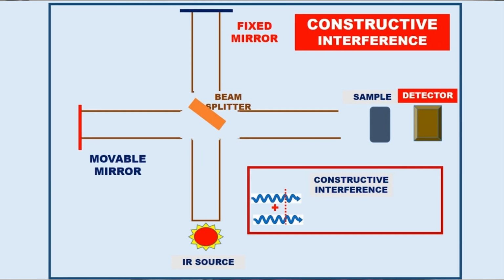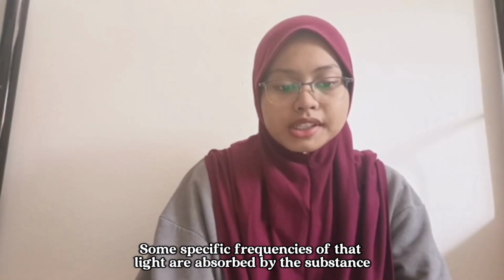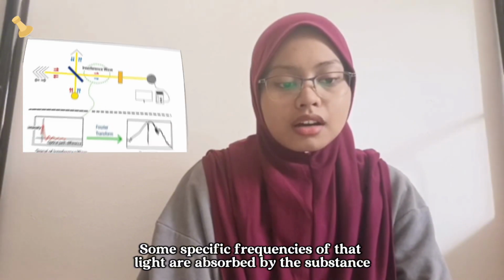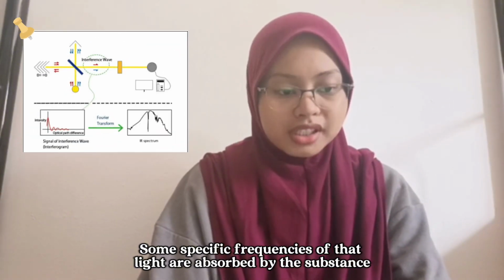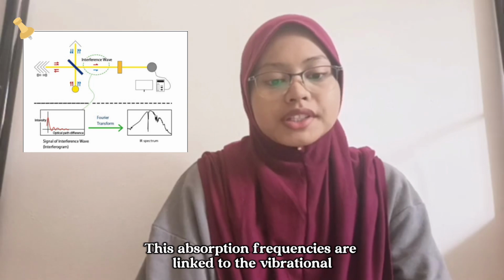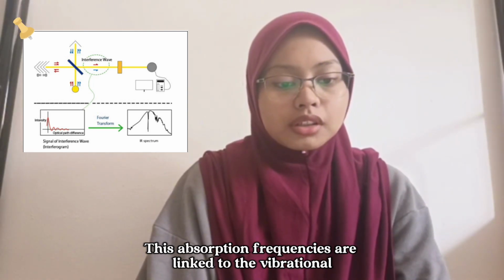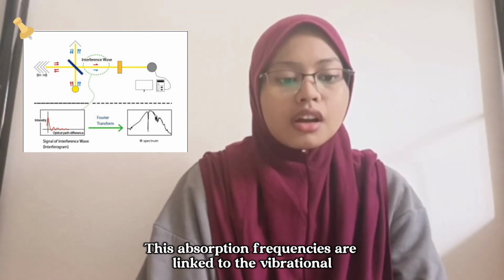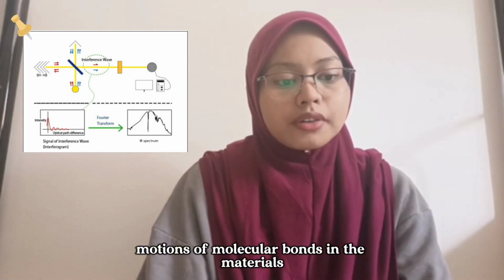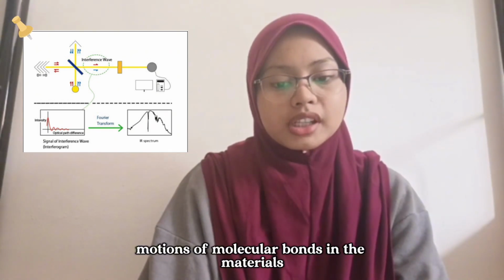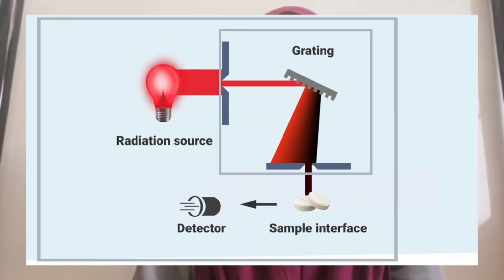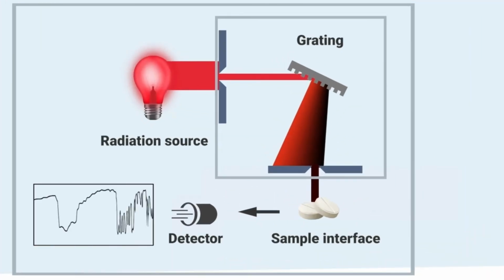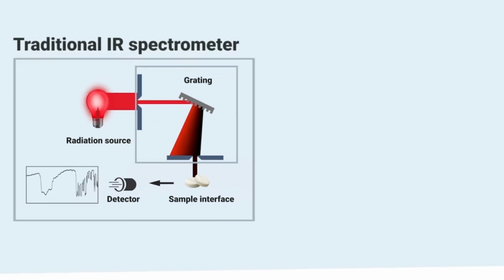FTIR works on a simple yet powerful principle. When infrared light passes through or reflects off a sample, some specific frequencies of that light are absorbed by the substance. These absorption frequencies are linked to the vibrational motions of molecular bonds in the material. In practice, a broad spectrum IR beam is directed at the sample.